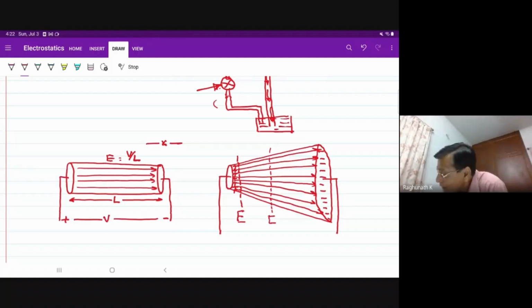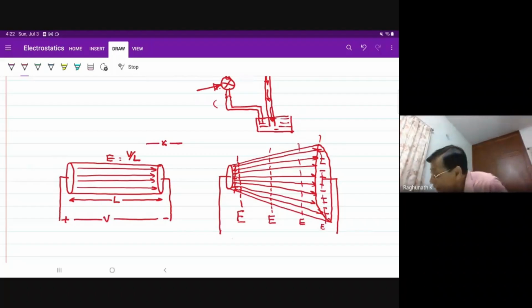The electric field intensity will decrease in its value because the number of flux lines is fixed. As they diverge, we know that the density of flux lines directly represents the strength of electric field intensity in any medium. As I go to this point, it is still lesser, and at the other end, it is minimum.